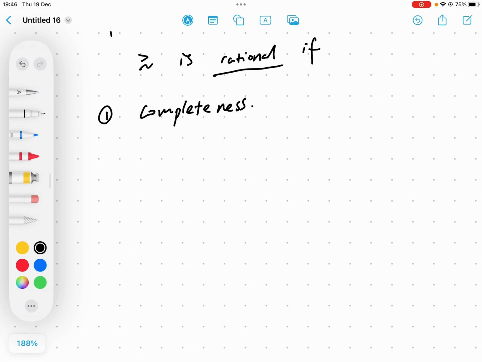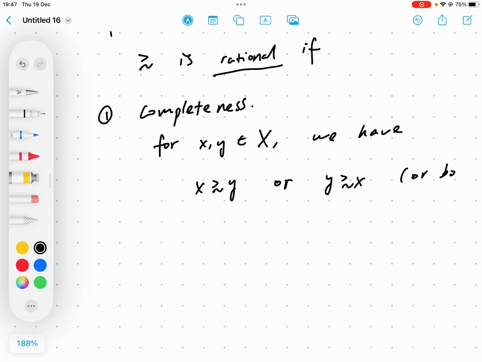It means that for elements little x, little y in big X, we have x weakly preferred to y, or y weakly preferred to x, or both.